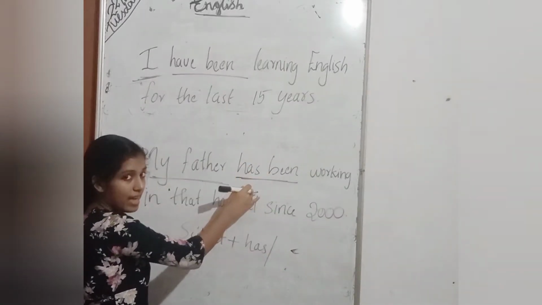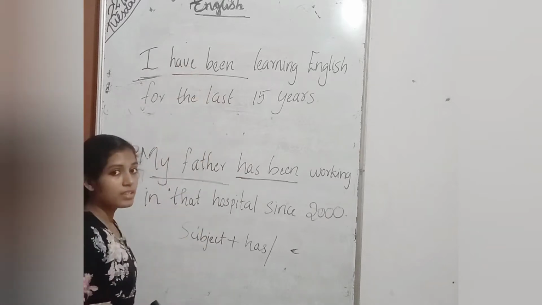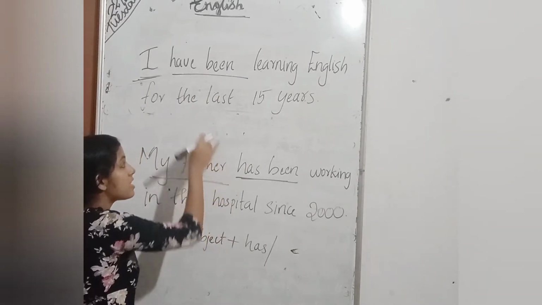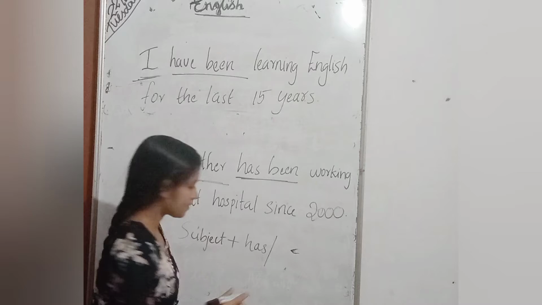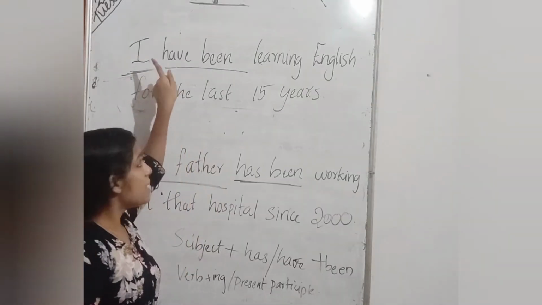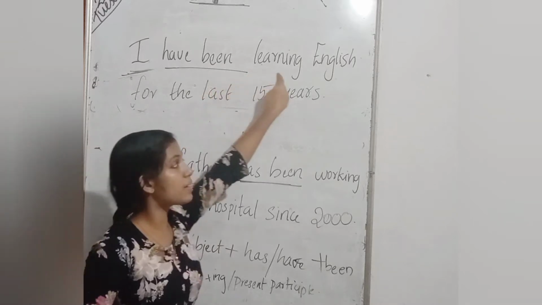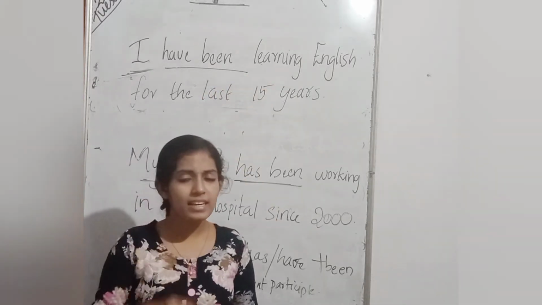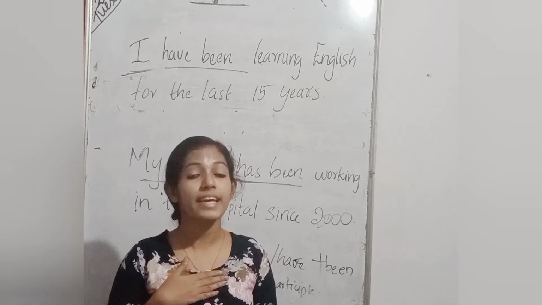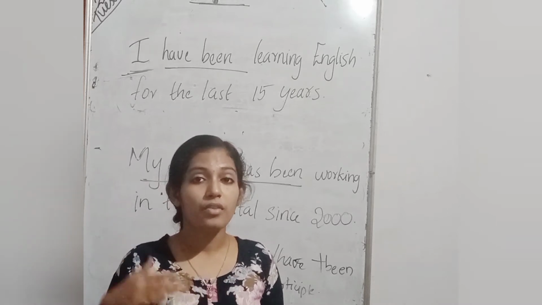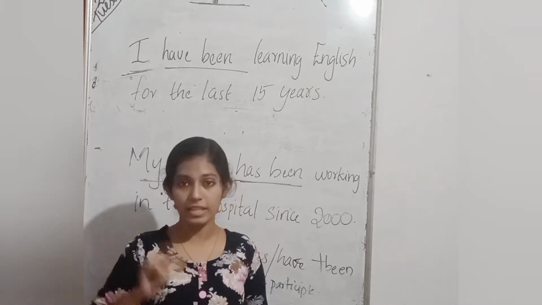Here we have used has and here we have used have according to the subject. Subject plus have or has plus been plus verb plus ing. How long have you been learning English? I have been learning English for the last 15 years.